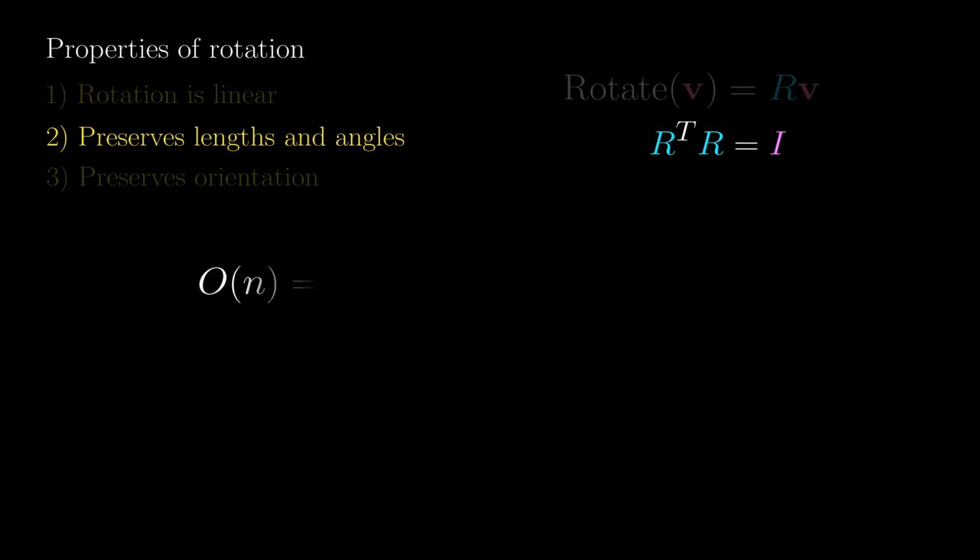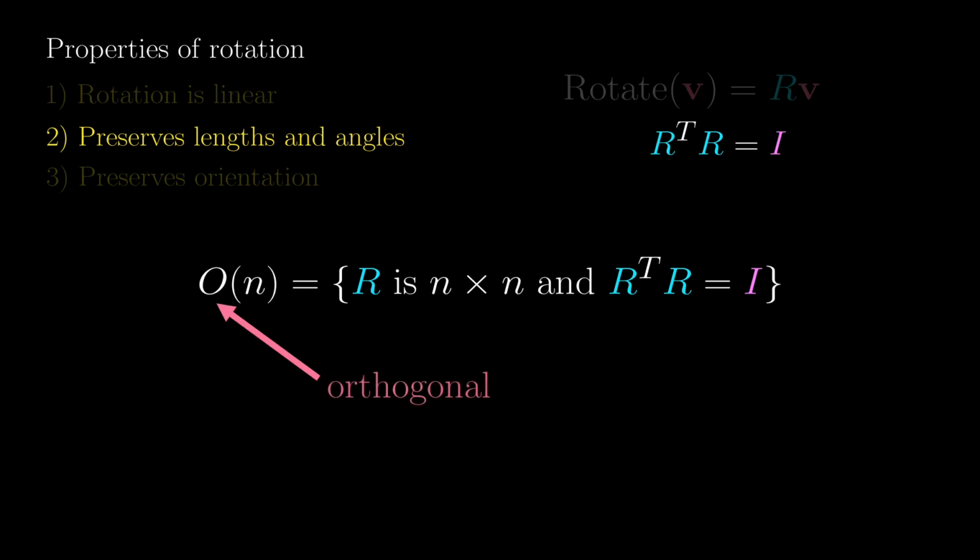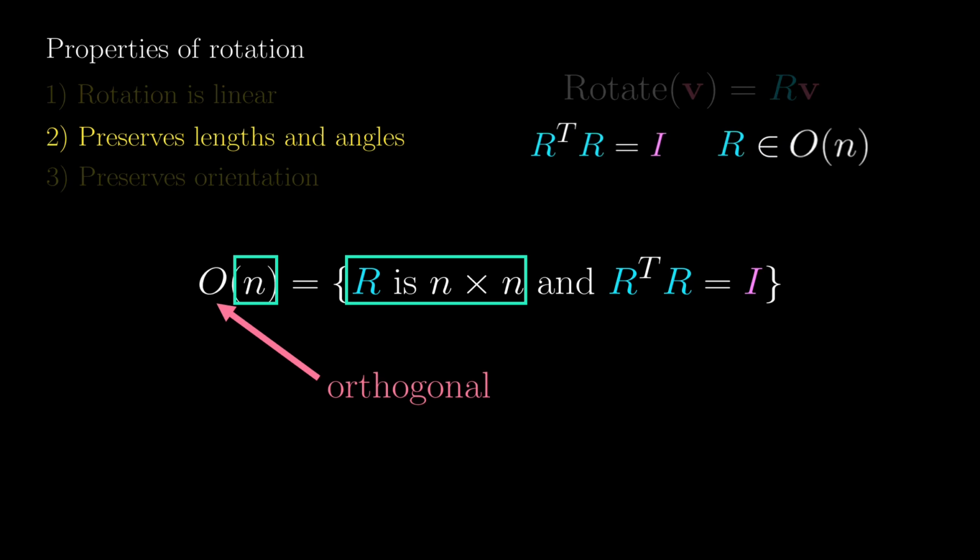The collection of all matrices satisfying this property is denoted as O(N). O stands for orthogonal, and N stands for the order of the matrix R. So, in other words, we can say that the second property implies that R is in O(N).